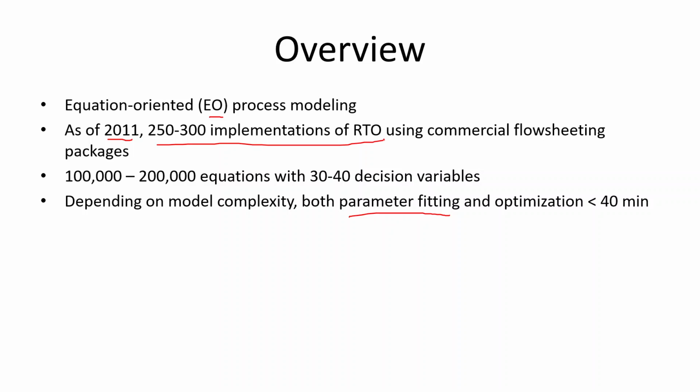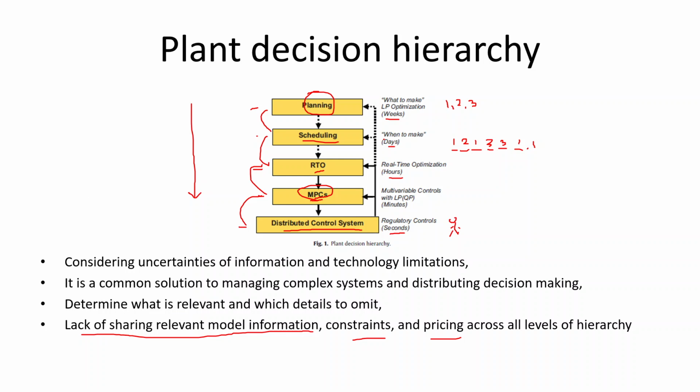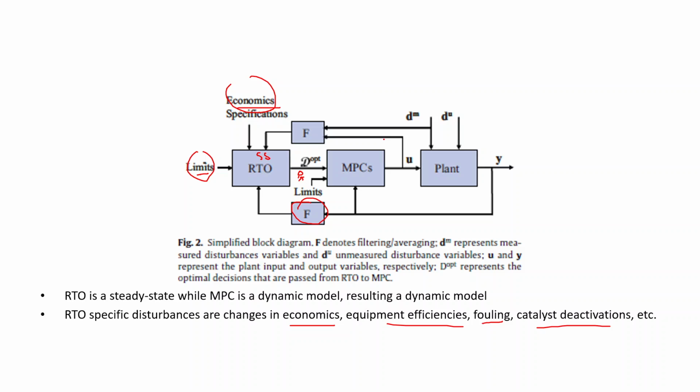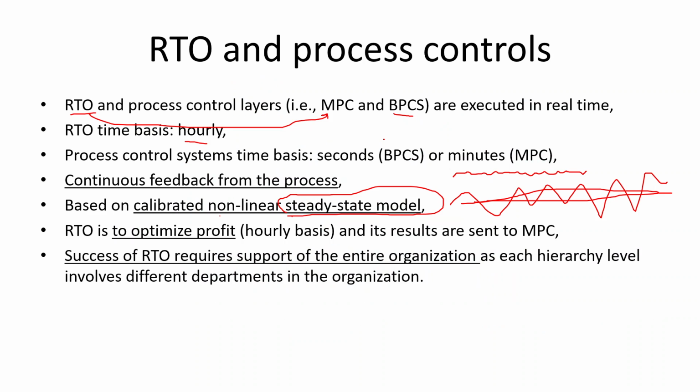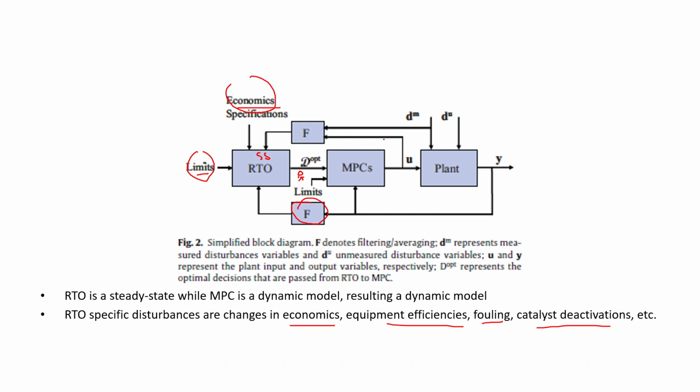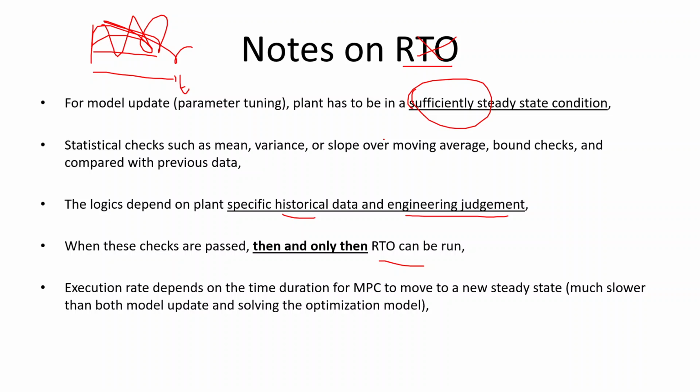Because more and more companies are aware of this, because the benefit is a lot. If we can make a good RTO and communicate the results to the people in the field, the benefit is a lot. It talks about millions, well, not really millions, but quite significant, though I don't know the numbers.